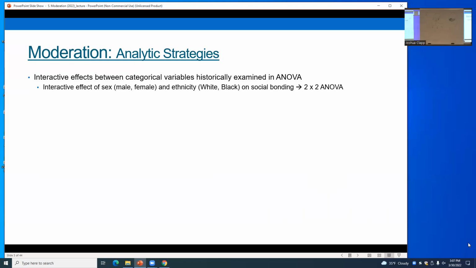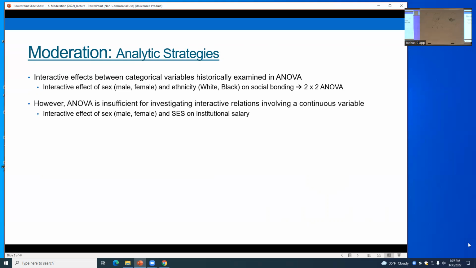And we're just going to look at this in a 2x2 ANOVA, right? We've got groups, easy peasy, good to go, right? But if we want to look at interactive relations that involve a continuous variable. So let's say I want to look at the impact of biological sex, men and women, and SES on institutional salary, right?